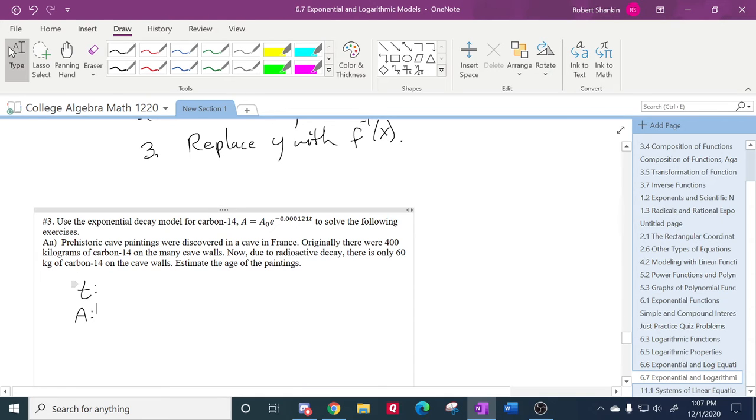Alright, go ahead and type in your description, a brief description of what T represents and what A represents into your group chat. Talk it out briefly.